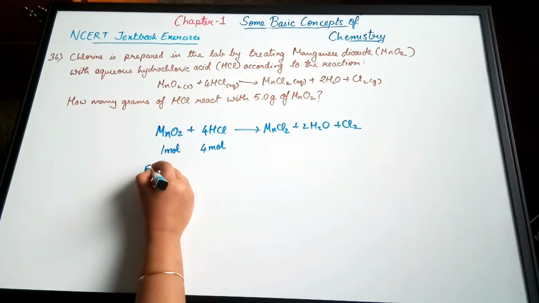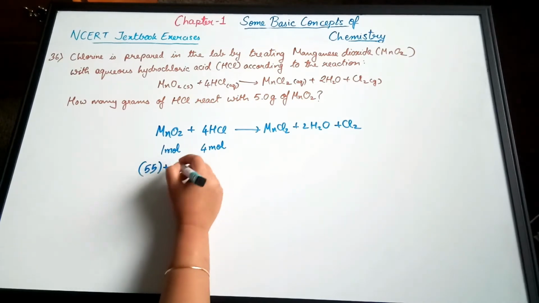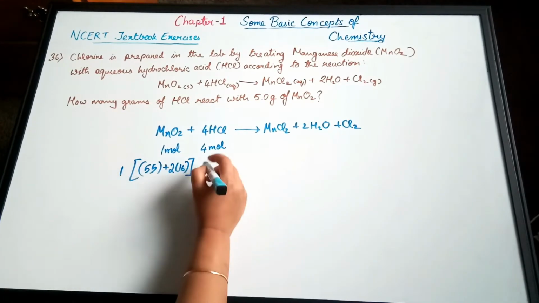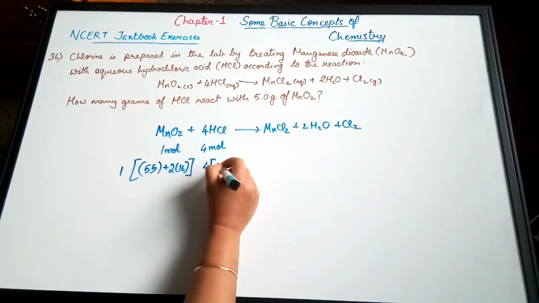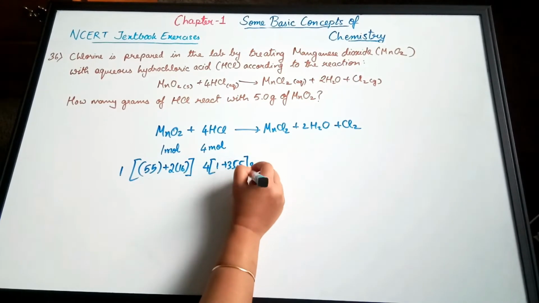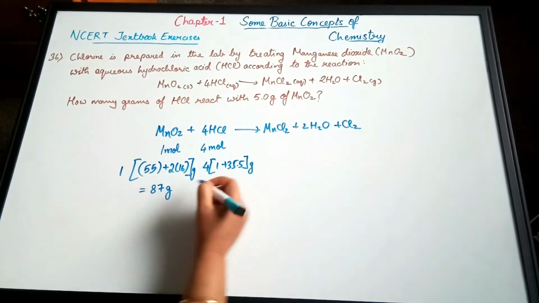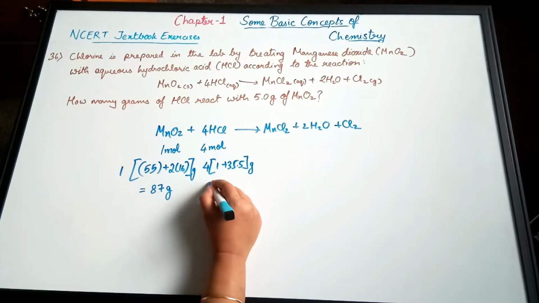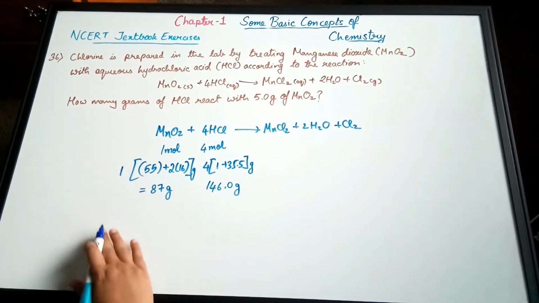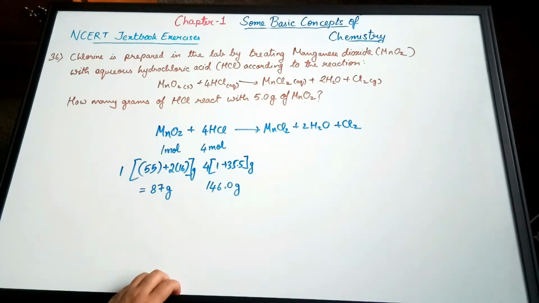So 55, the atomic mass of manganese, plus 2 into 16, whole into 1 because it's 1 mole, reacts with 4 into 1 plus 35.5 of HCl. In grams, when we simplify this we get 87 grams reacting with 146.0 grams of HCl. So 87 grams is required for 146.0 grams of HCl.